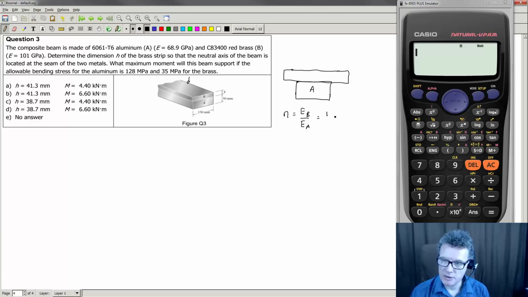So that's 101 divided by 68.9, and that's a ratio of 1.4659, I guess. I want 5 sig fig or thereabouts.